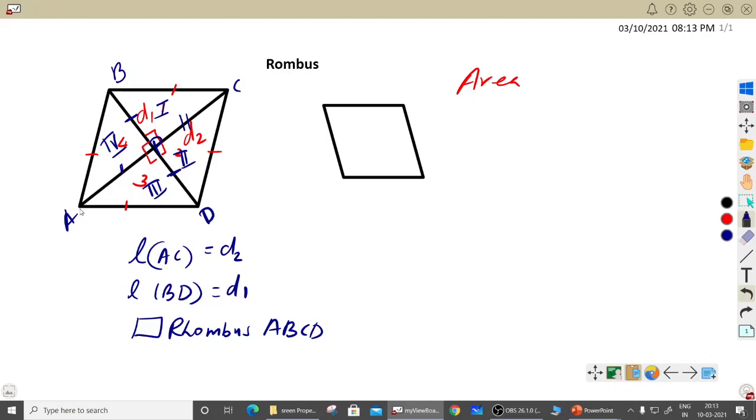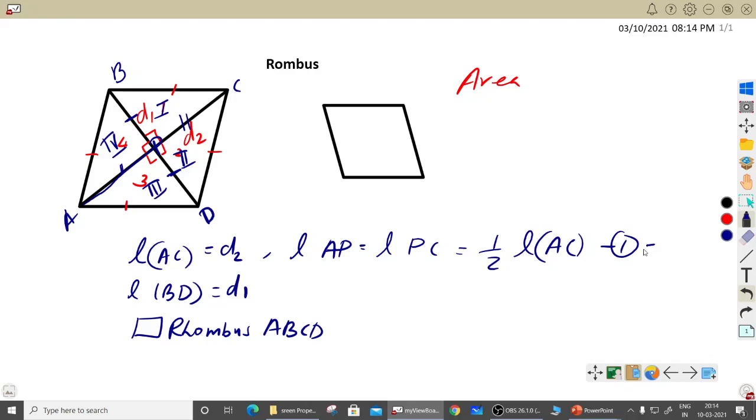If I consider length of AP, from here to here, it is equal to length of PC, because the diagonals bisect each other, which is equal to half of length of AC. Clear? Keep this in mind.